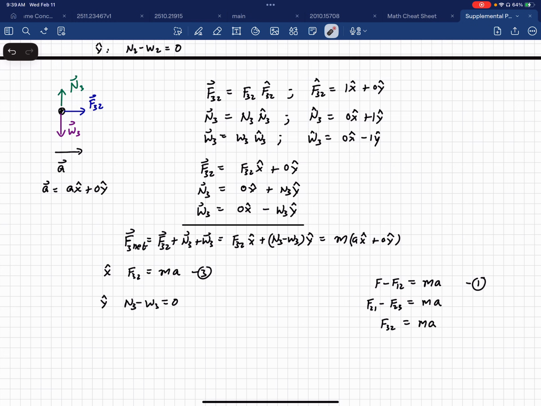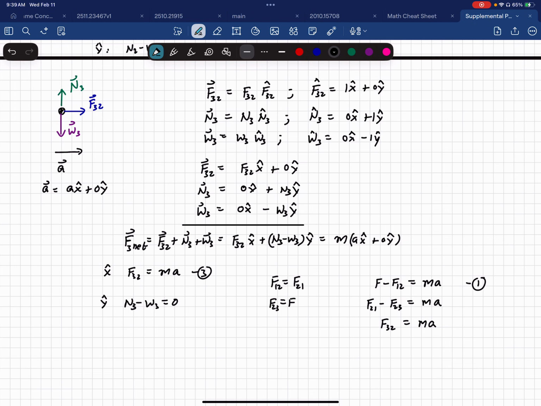Notice that for object 1, the first index is 1. For object 2, the first index is 2. For object 3, it is 3. Also keep in mind that the magnitudes of the contact forces are the same. Since they are the same, I am free to use any of the indexes.